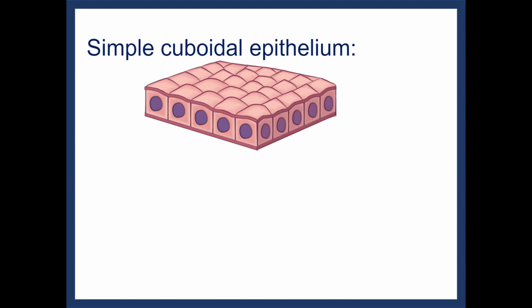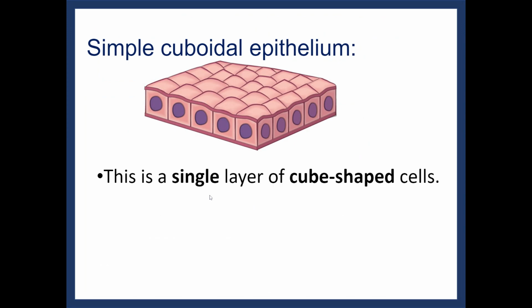All right, next is simple cuboidal epithelium. So this is a second type of simple epithelium tissue. And the reason it's called cuboidal is because it's shaped like a cube. Because it's simple epithelium, it's still a single layer of cells, just one layer.